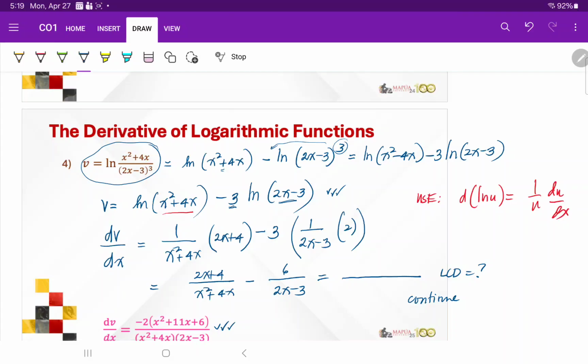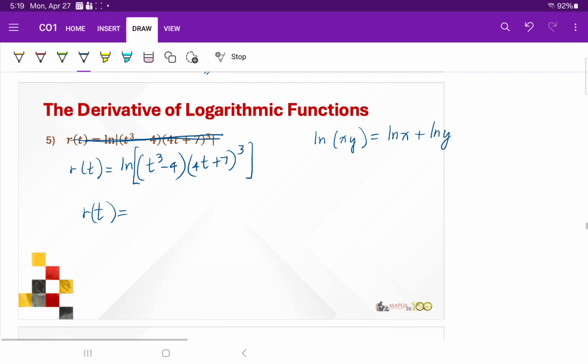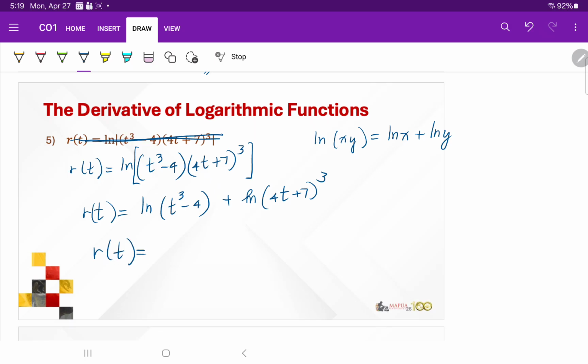Here, you have the ln of the quotient. So, you have difference. Now, if it's product, it's the ln of the sum. So, this can be written as ln of t cubed minus 4 plus ln of 4t plus 7 raised to the third. So, your r of t is equal to, we can still simplify and bring this down here to make the solution easier.